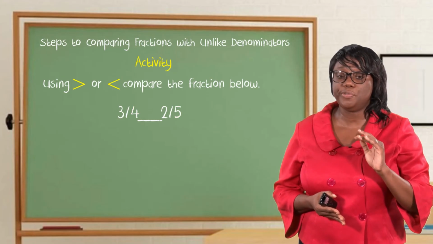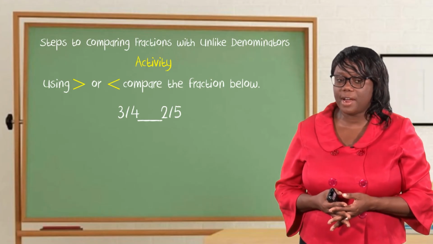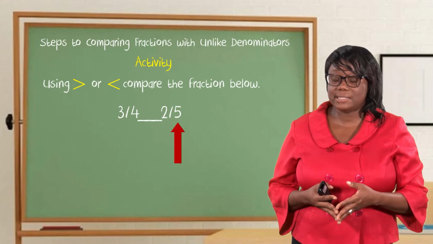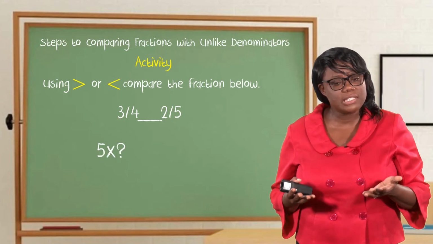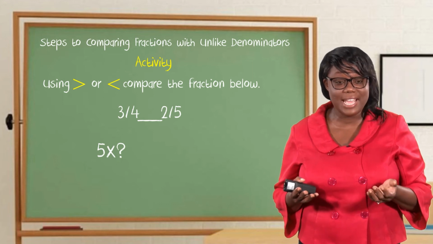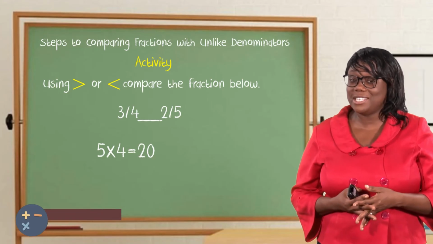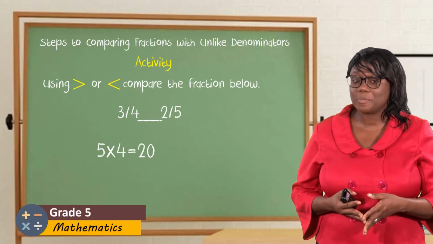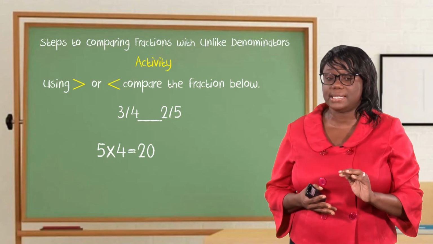Let's go to 2/5. What is the denominator in that fraction? Yes, 5 is the denominator. What must we multiply 5 by to get 20? Yes, boys and girls, 4. 5 times 4 will give us 20.